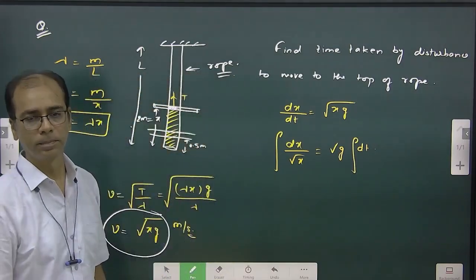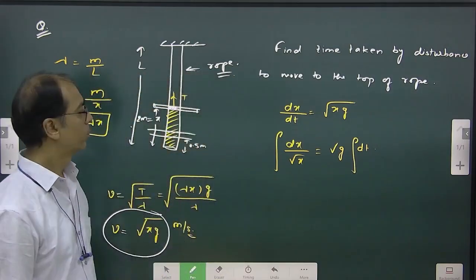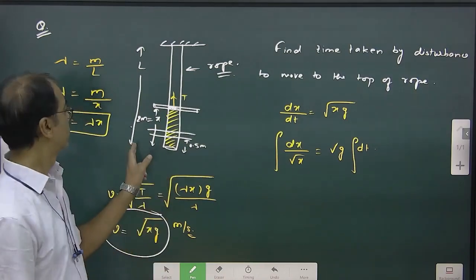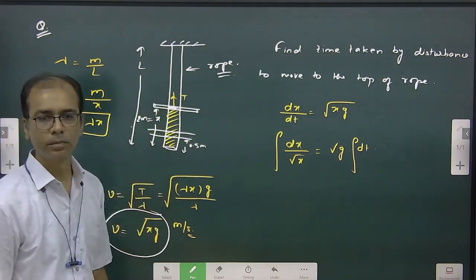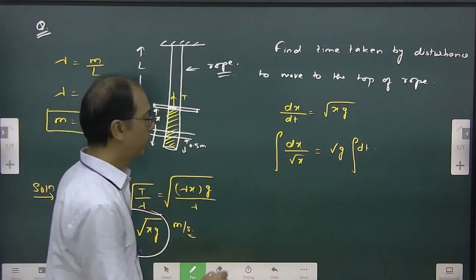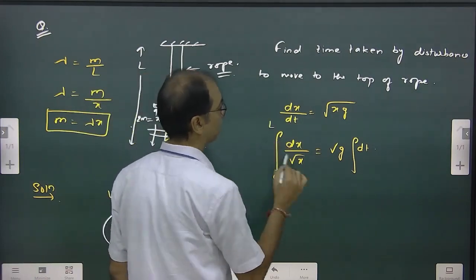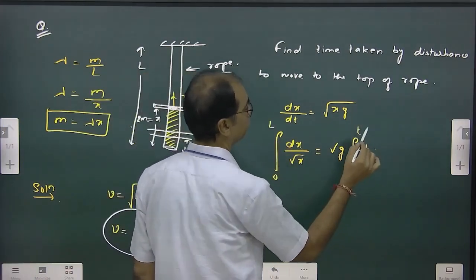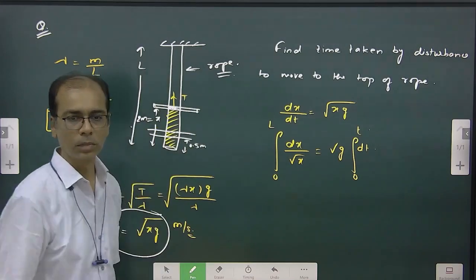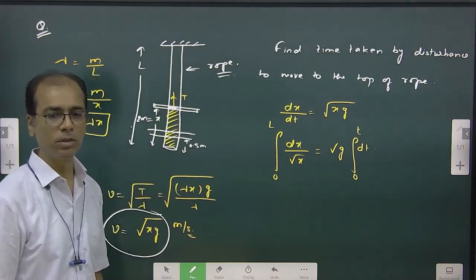Integration came. From where to where is the x value? From 0 to L, in time limits 0 to t.